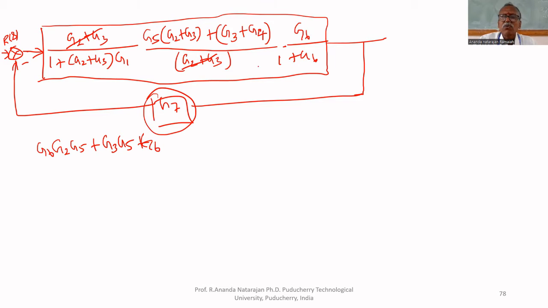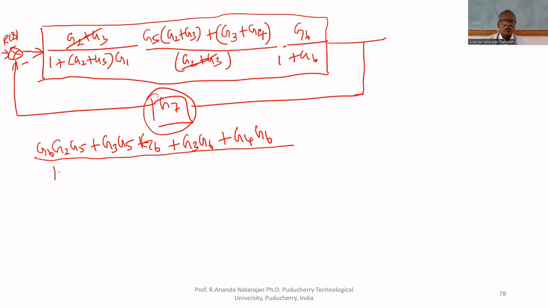G6 is outside, that's why we have to multiply by G6. Then here, what will you get? G3, G6 plus G4, G6. Am I correct or not? Check whether I am correct or not. G6 is outside for all, that's why we have to multiply everything by G6.